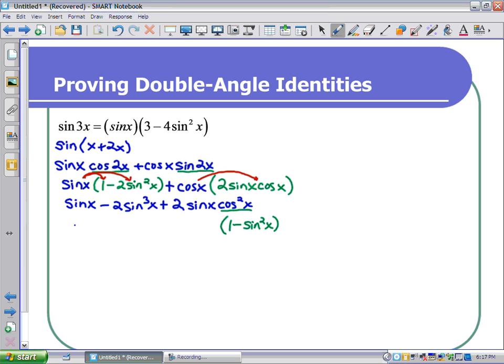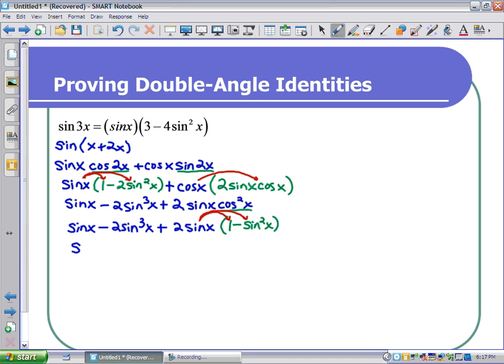So now we have sine x minus 2 sine cubed x plus 2 sine x. That's going to be multiplied by the quantity 1 minus sine squared x. So we're going to distribute this 2 sine x into the parentheses here.